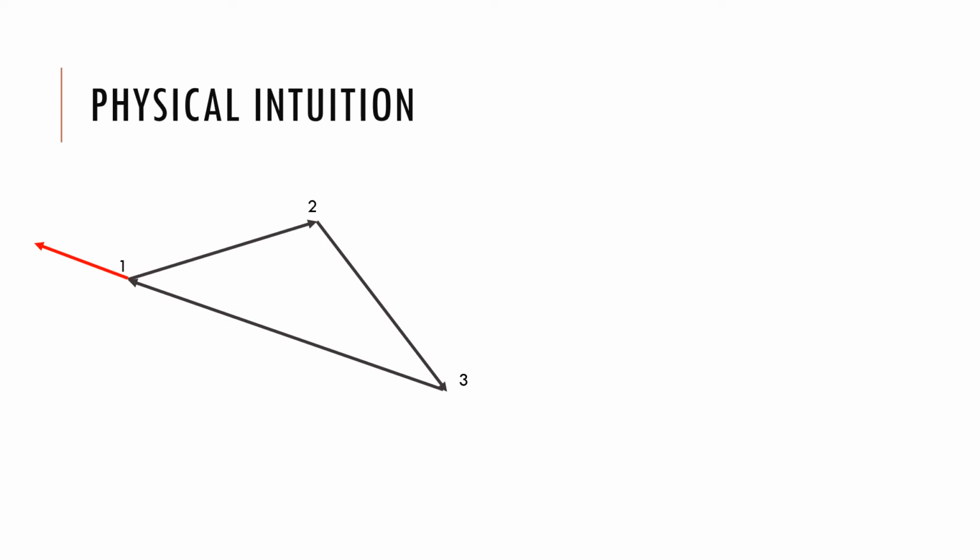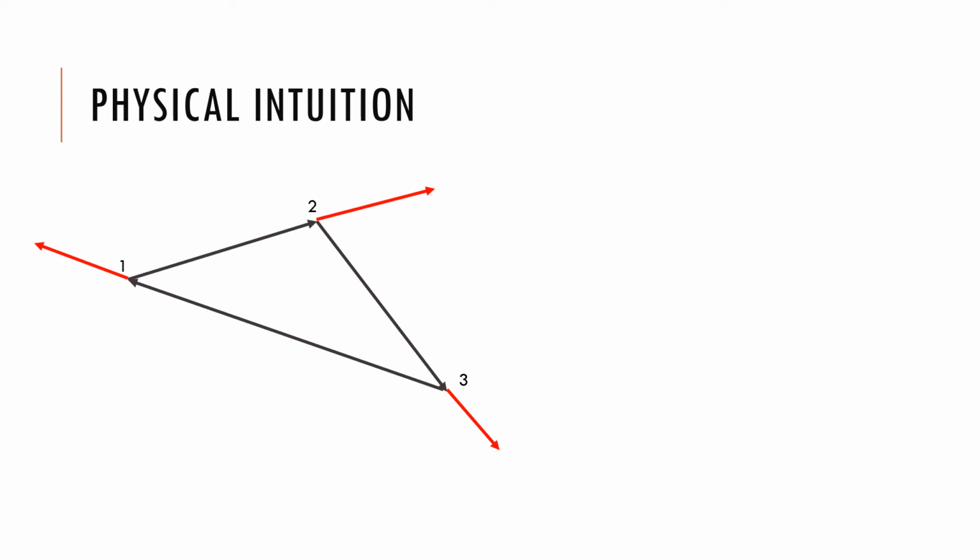So imagine yourself driving through a road like this. You try to go in this red direction, and then you make a turn to go to point 2, and then at point 2 you try to go in the red direction, but then you make a turn, and then at point 3, because we're making a loop, you have to make another turn.